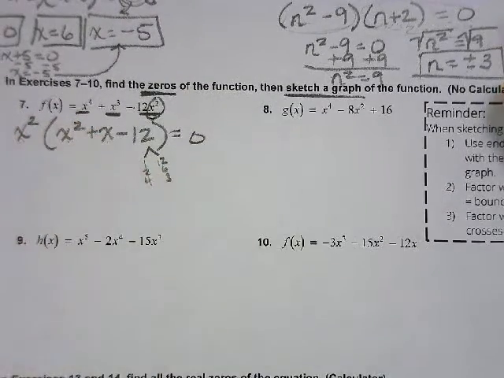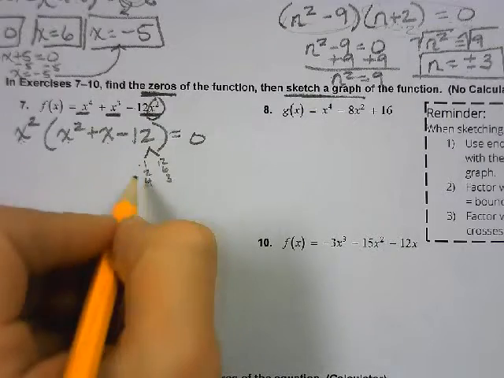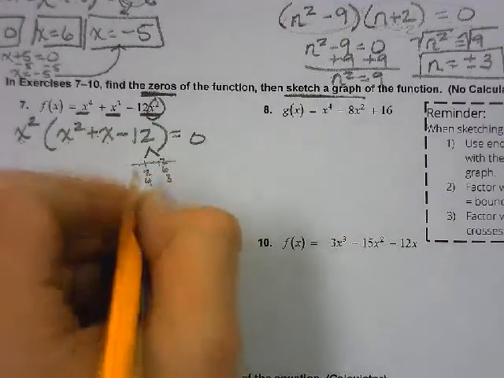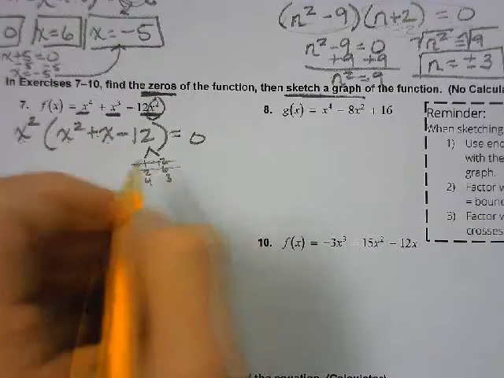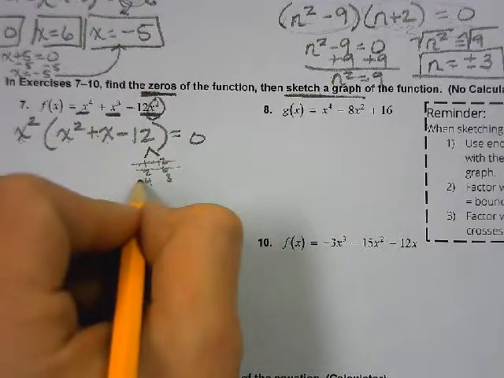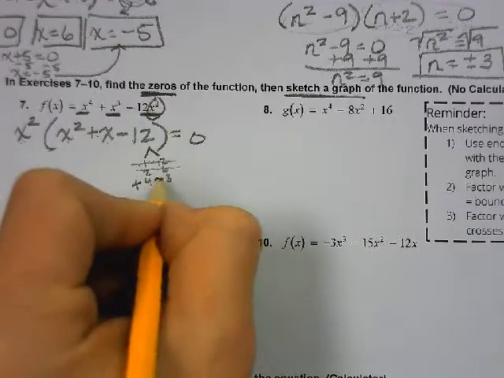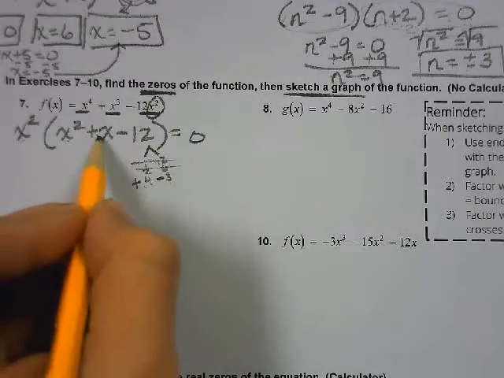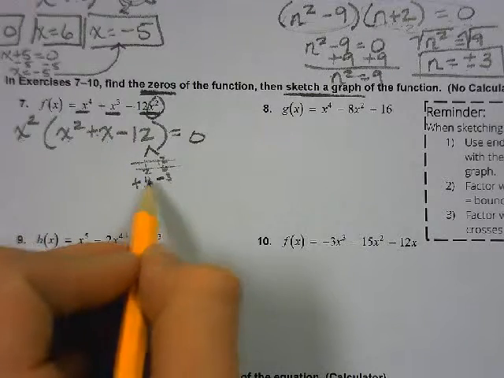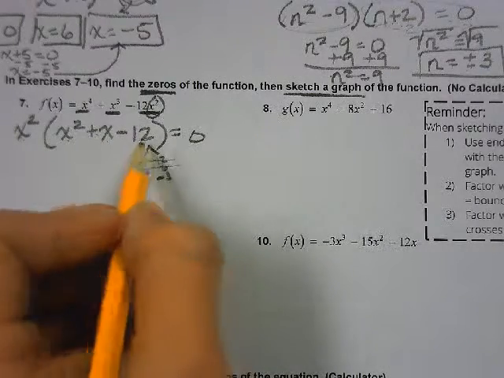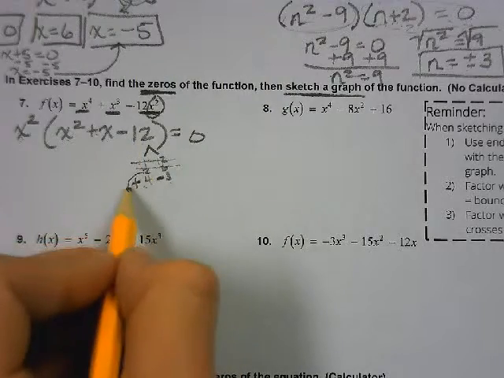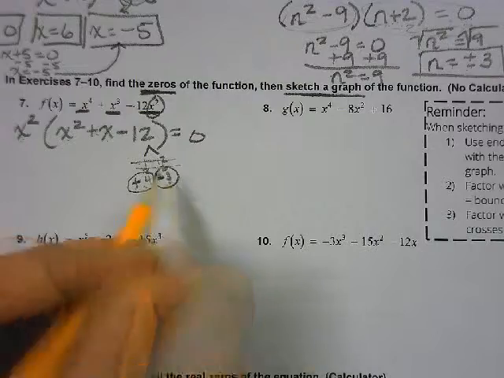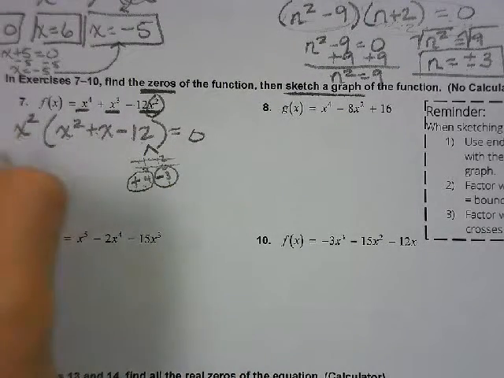I can't make positive 1 with 2 and 6, but 4 and 3, I can say a positive 4 and a negative 3. 4 minus 3 is 1. 4 multiplied by negative 3 is negative 12. So these must be my groupings. I'll have an x plus 4 factor and an x minus 3 factor. You're going to keep this x squared here. X squared multiplied by x plus 4 multiplied by x minus 3 equals 0.